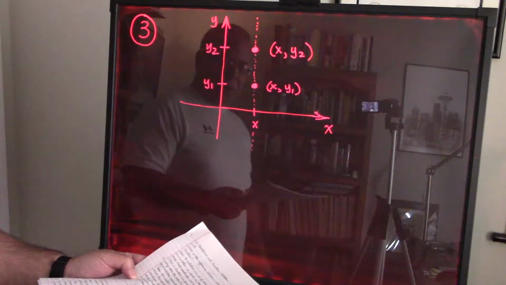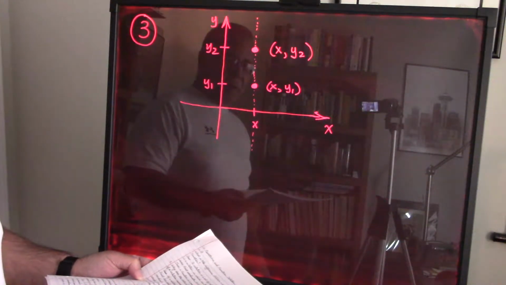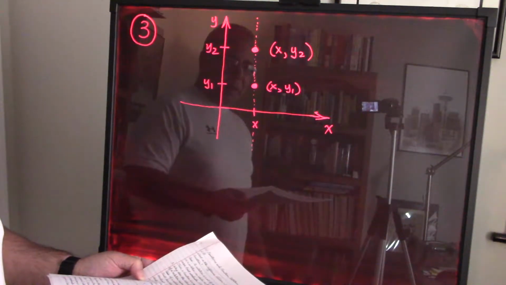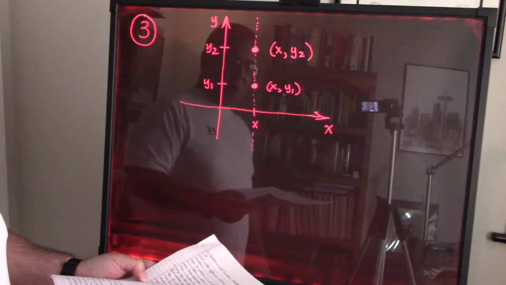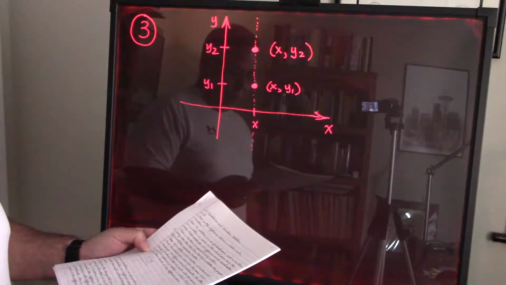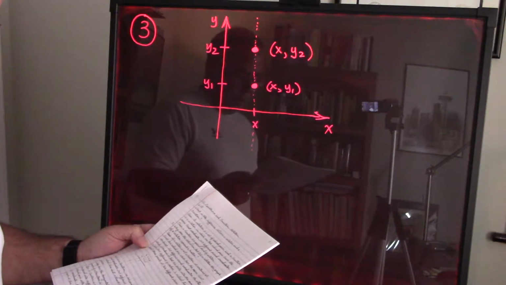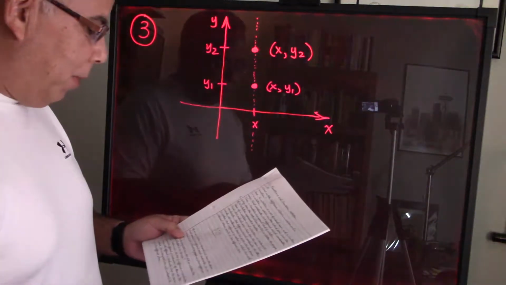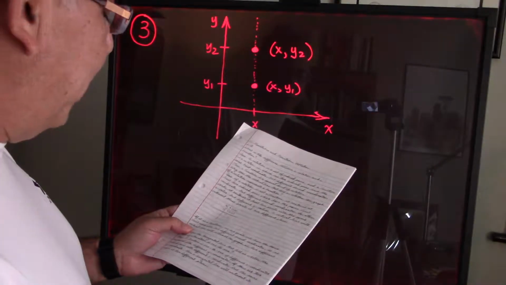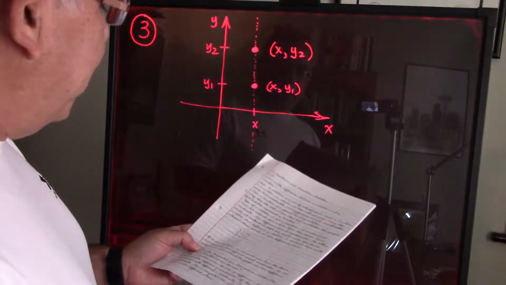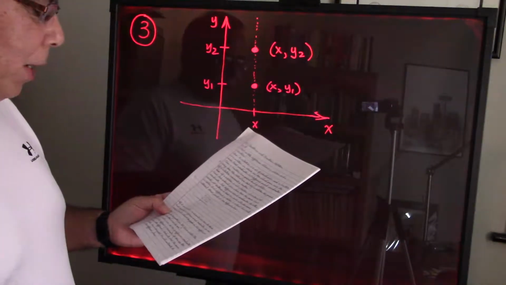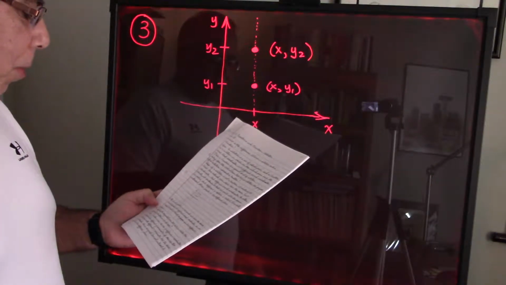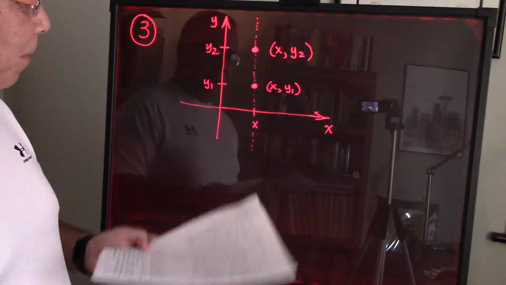So in other words, there are at least 2 points in the relation which have the same x coordinate but different y coordinates. Therefore, not a function. So if it is a function, no 2 points will have the same first coordinate but different second coordinates. So that means that no vertical line will intersect the graph in 2 different places, like it does here.